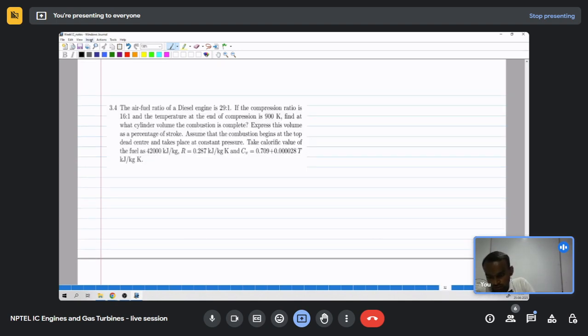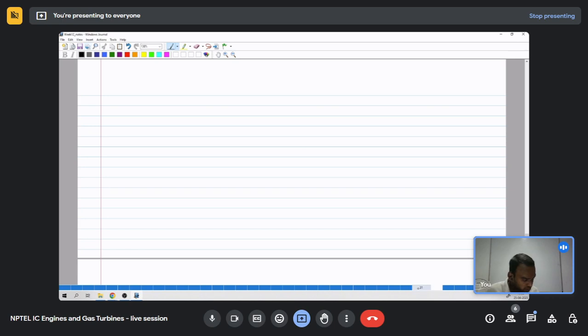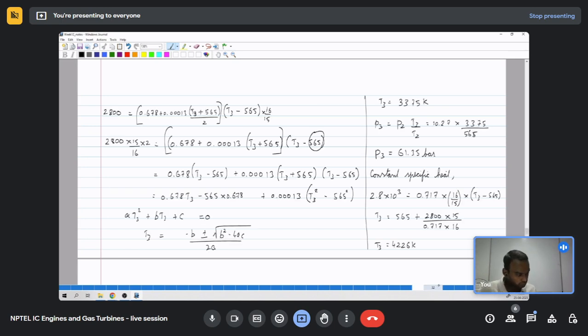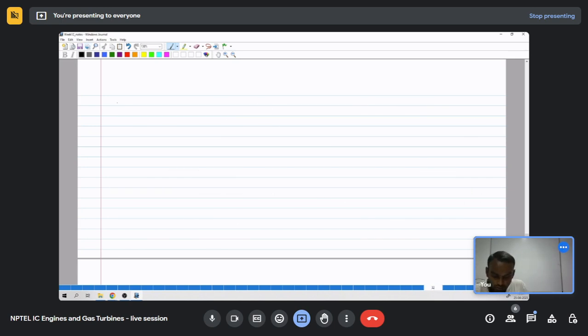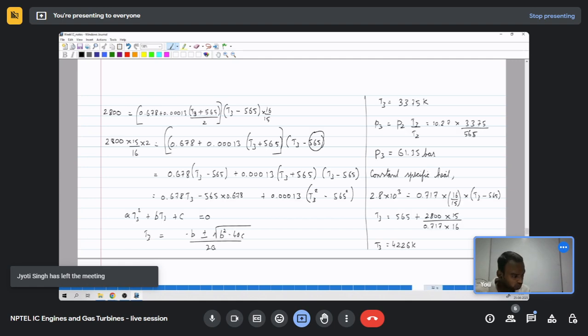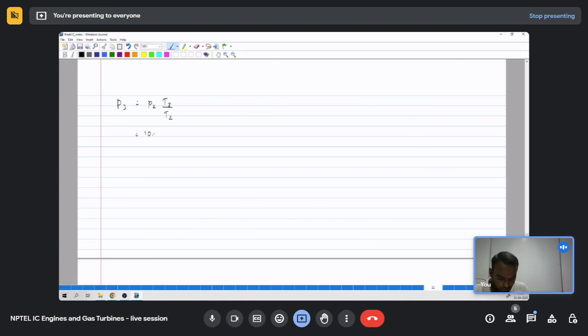Now we can check for the pressure value. So P3 is P2 into T3 by T2, that is P2 is 10.27 into T3 is 4226 divided by 565, right?